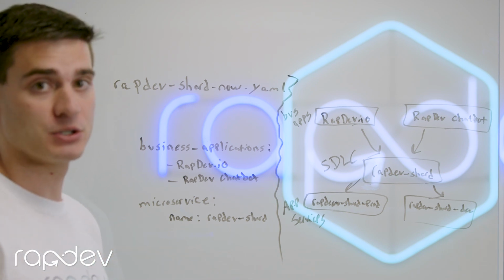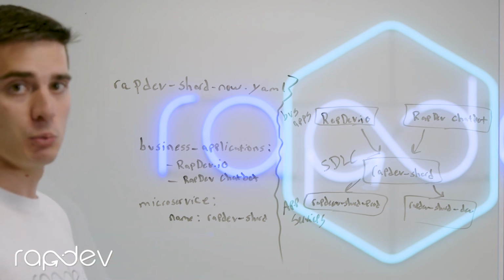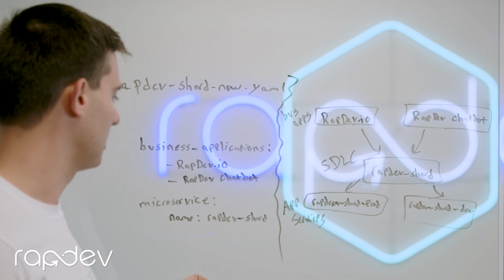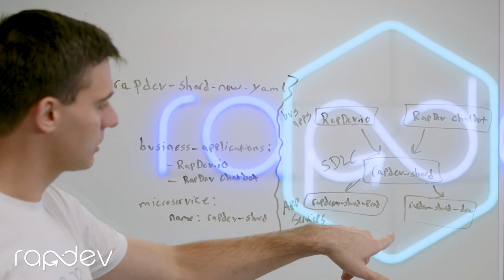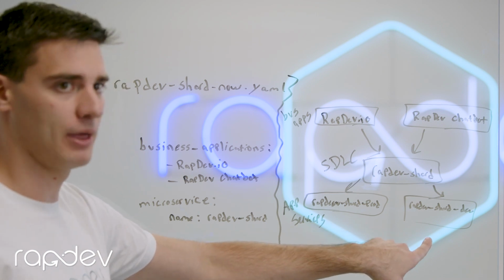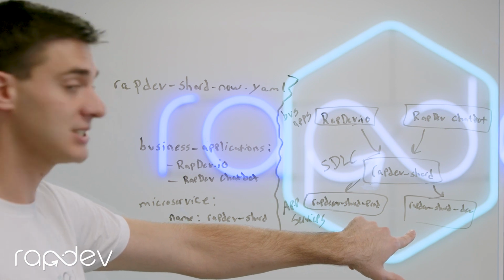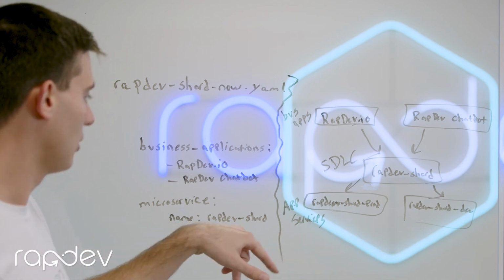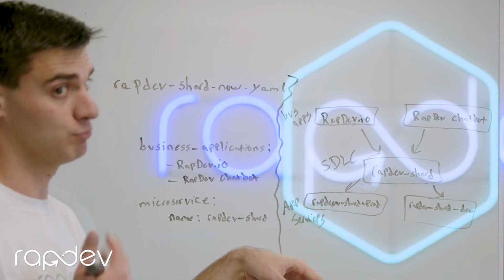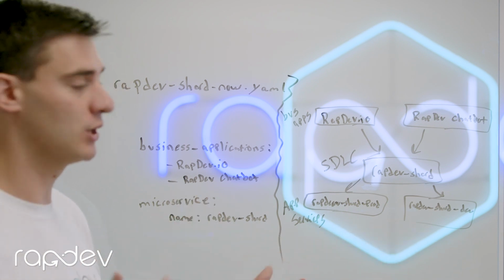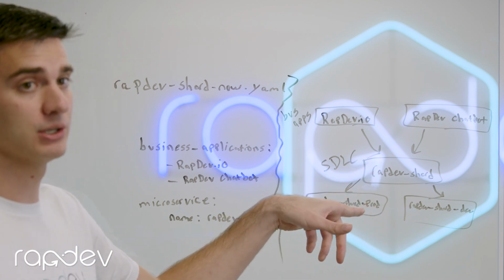Based off of your tagging strategy, we will be able to dynamically look at what resources have the services and environment tags that are there, and dynamically create those application services for them. So these application services got created because it noticed tags on resources that had RapDev shard and environments prod and dev. As soon as new ones come in, like QA and UAT, those will get dynamically created and associated to the SDLC component as well.